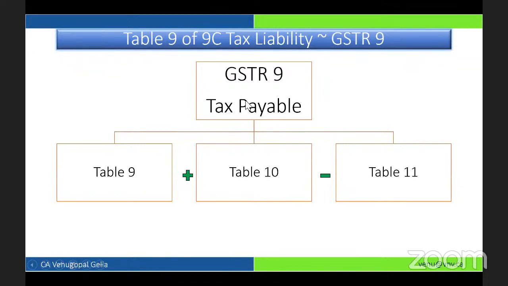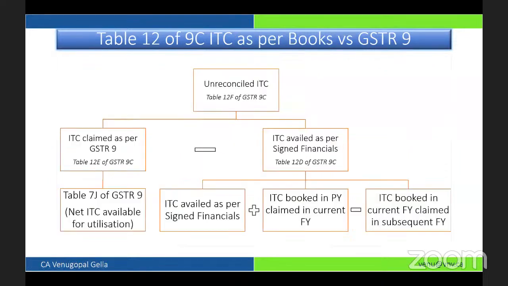Table 9 of GSTR-9 shows me the tax payable, that should match with my rate wise reporting of GSTR-9C. In table 6 and table 7, where I give my ITC disclosure, ITC availed less my ITC reversed, the net ITC which I am reporting in GSTR-9 will have to be reconciled with ITC as per books, which is given in table 12.